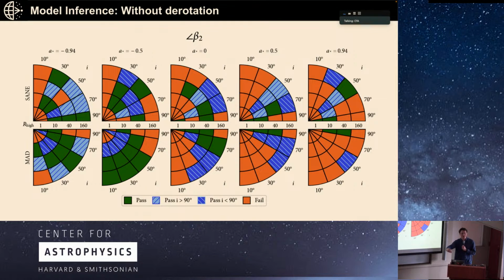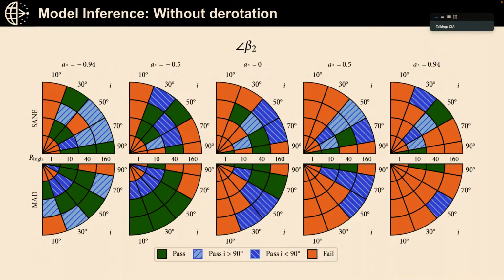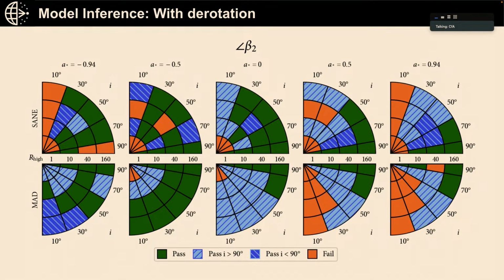When we do the ray tracing through our simulation box, we're seeing all of the Faraday rotation that happens in nature. In this case, what I want you to focus on is the prevalence of dark blue here. So more of these models at less than 90 degrees, corresponding to a counterclockwise accretion flow, are passing in this scenario, compared to when I show you the same plot, but now with derotation.